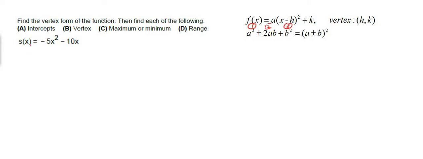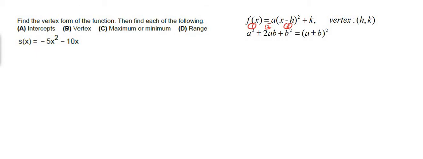So we need to factor out the negative 5, because we want to construct the complete square. That should be the a corresponding to the a in the vertex form.